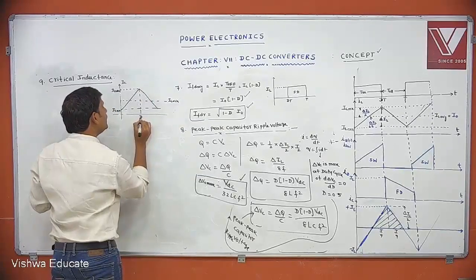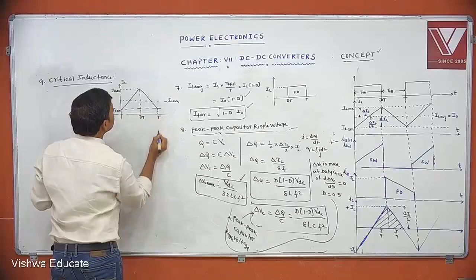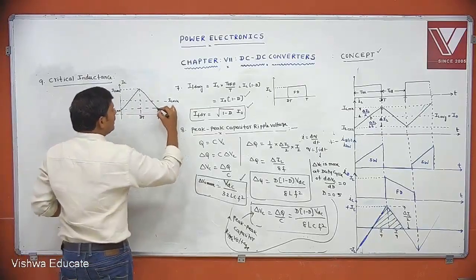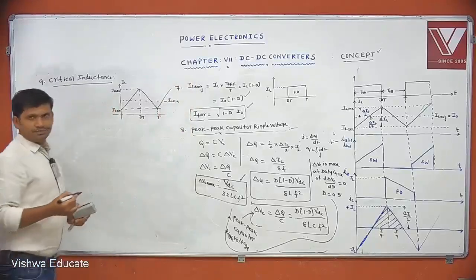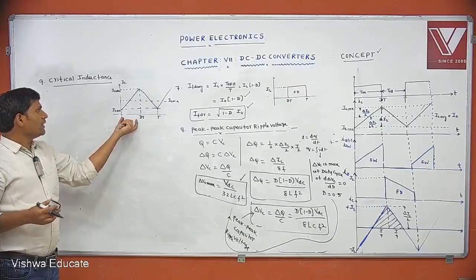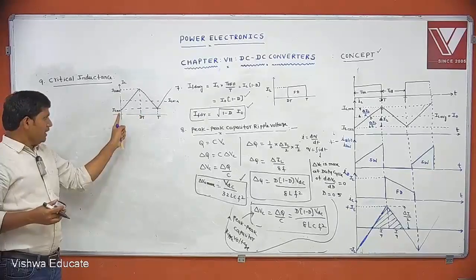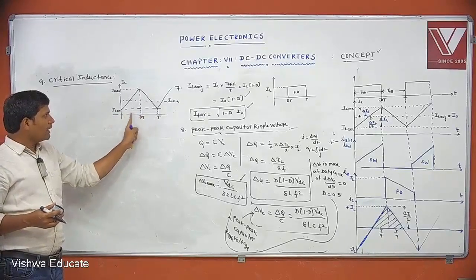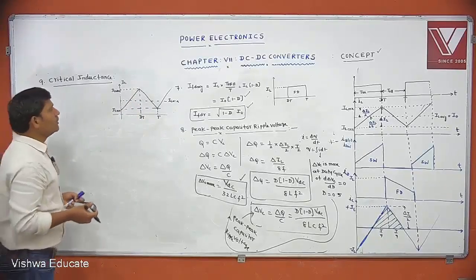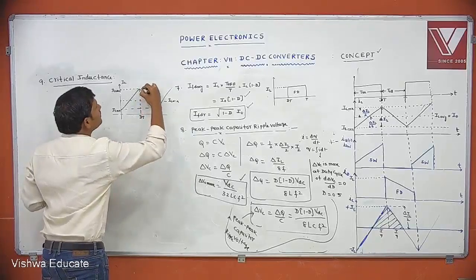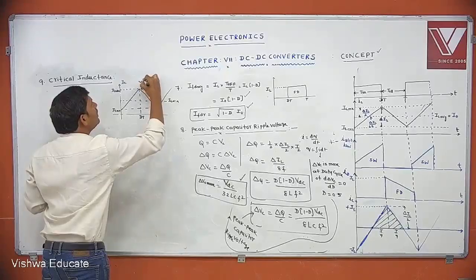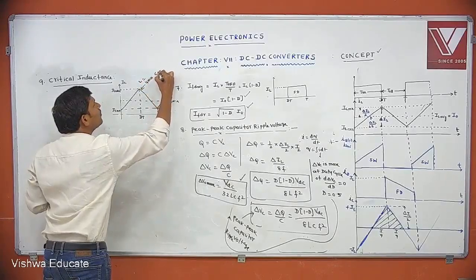This is dT and this one is T. On time the inductor stores the energy, off time the inductor releases the energy. In one time period, without the current going to 0, we are supplying the current to the load; that is the continuous mode. For example, let us assume this is for 4 millihenry.